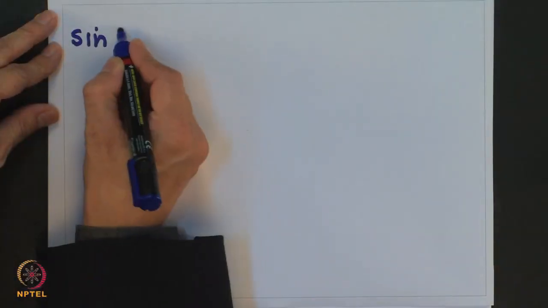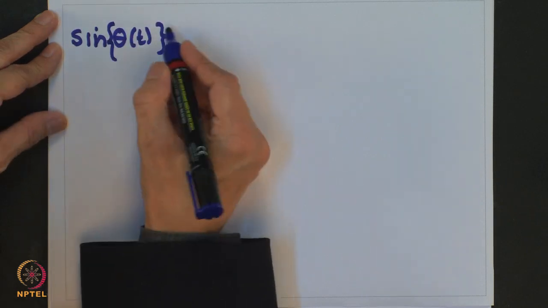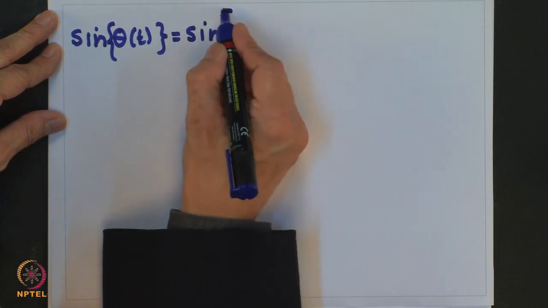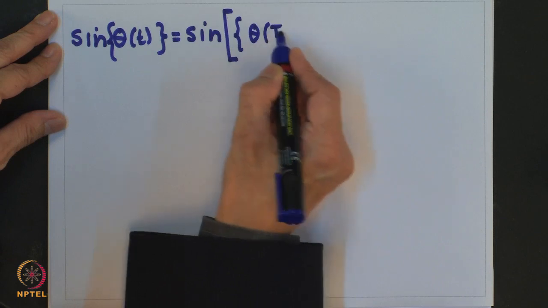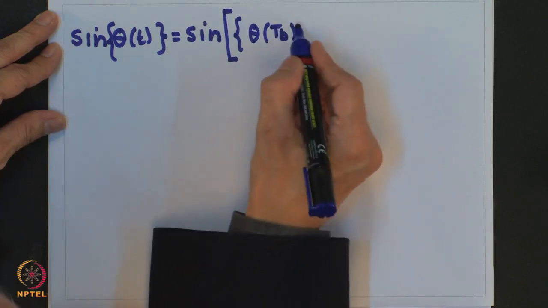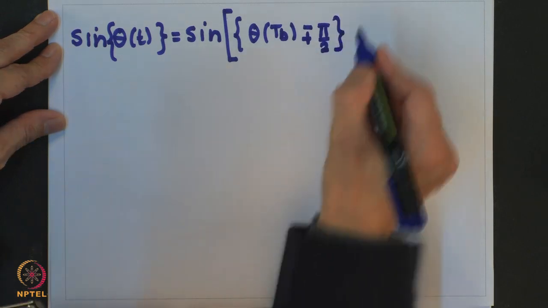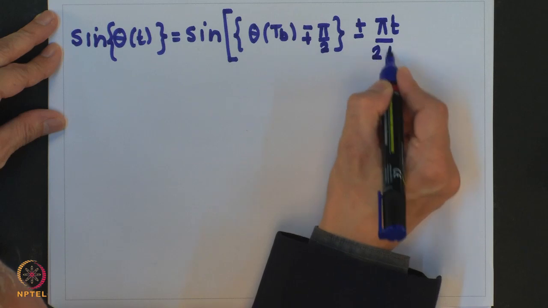Okay. So, sine theta t, we can write it as follows. In place of theta 0, we write this quantity plus minus pi t by 2 Tb.